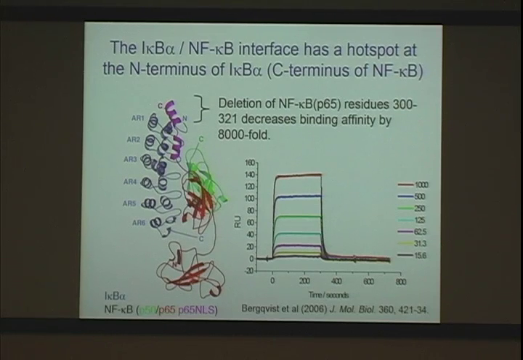What we did was start lopping off pieces of this structure to see what was determining the binding affinity. One of the first really big surprises was that if you just truncated the NF-κB p65 component, just took off this little helix at this end of the interface, you essentially wiped out binding.